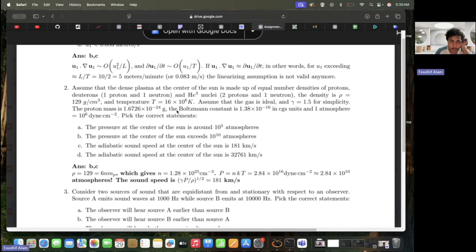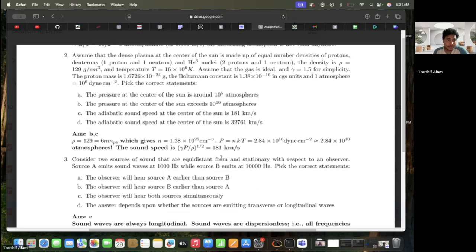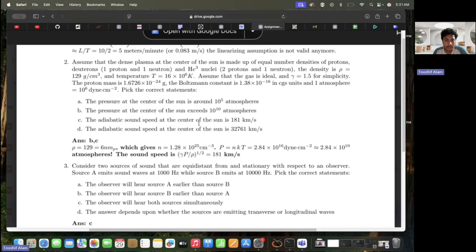And p is equal to nkT, which gives the value of p. If you convert that to atmosphere, using 1.013 times 10 to the power 6 per atmosphere, the sound speed, gamma p by rho to the power half, is 181 kilometer per second. Option B and option C both are correct.